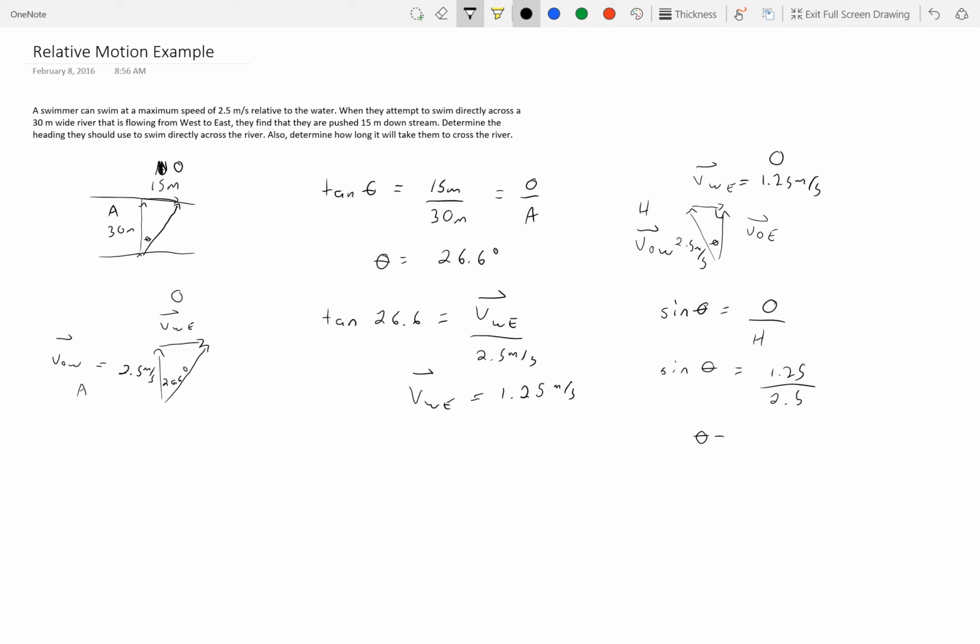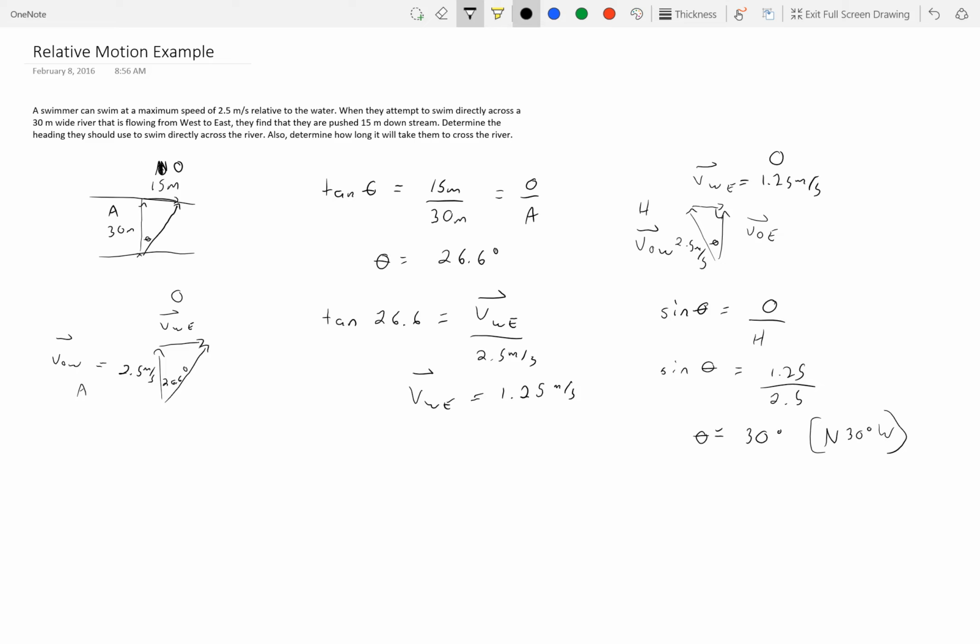And theta there, this actually ends up being a half, so this is one of our special triangles, is going to work out to be exactly 30 degrees. So if you want to go straight across the river, the heading you should use is north 30 degrees towards the west, assuming that the water is pushing you from west to east or pushing you in the east direction.